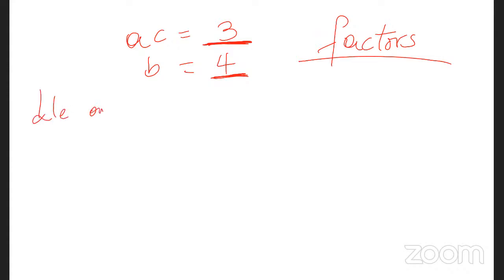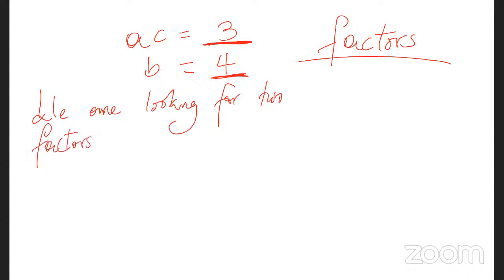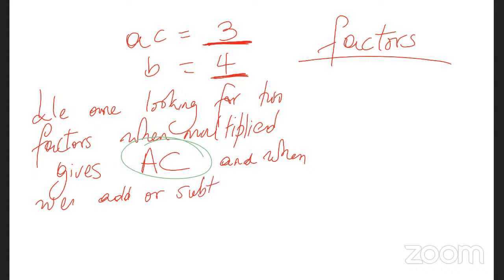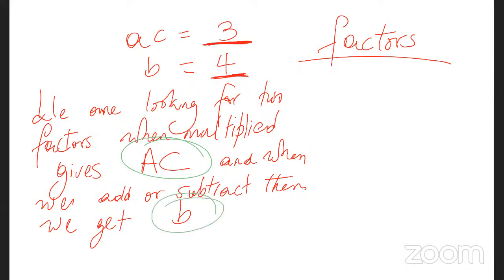We are looking for two factors that, when multiplied, give AC, whatever AC is, and when we add or subtract them, we get B, whatever B is.